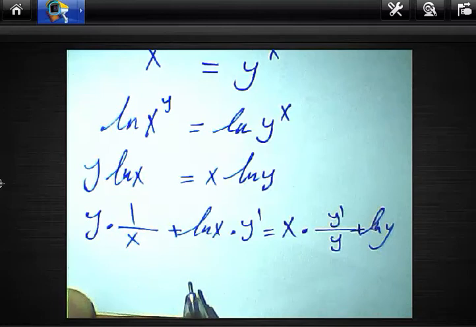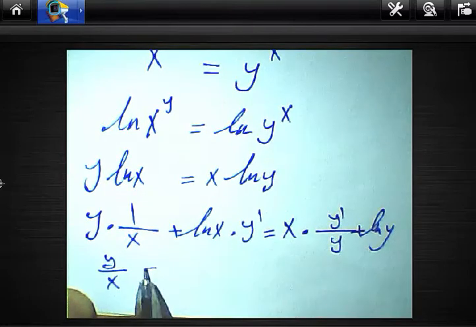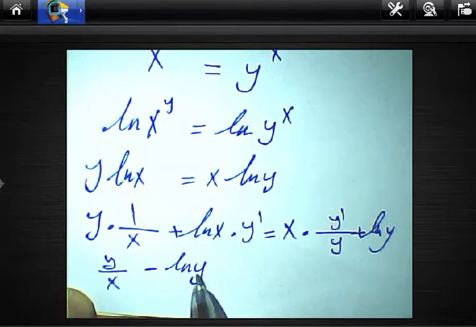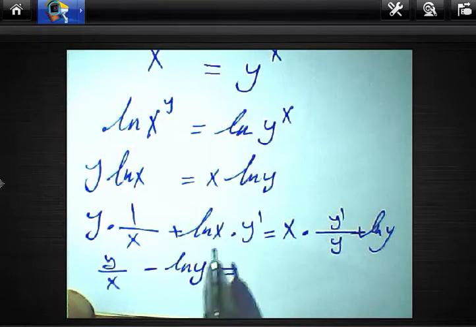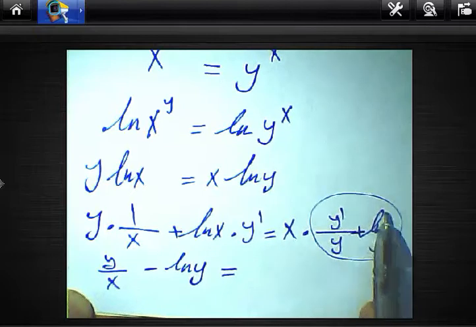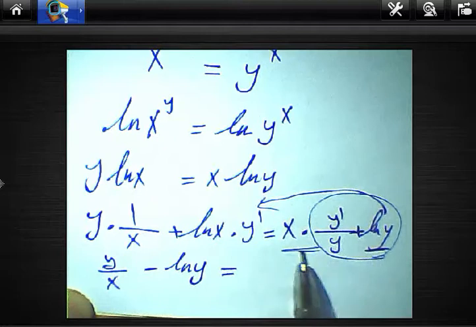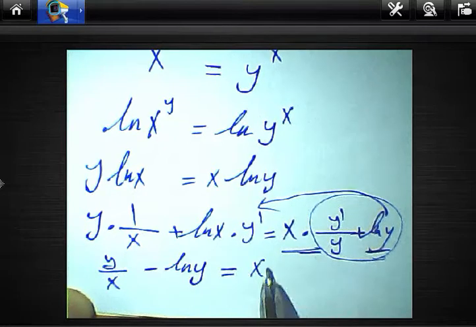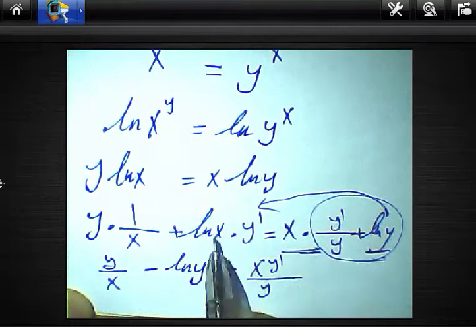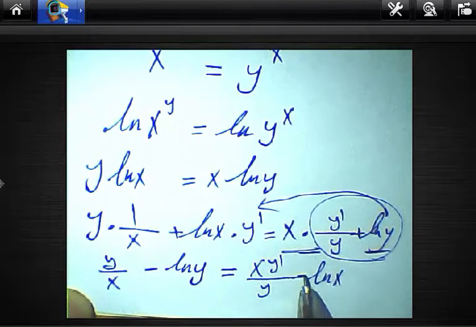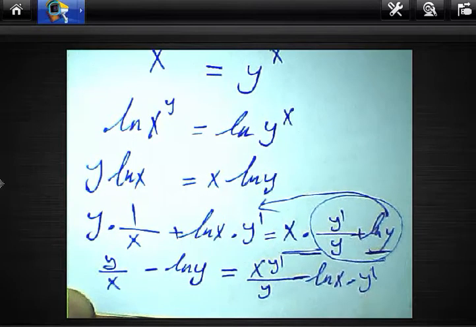I will write it here, y over x minus ln y equals, I removed this expression here, ln y, and this expression we will write here, x y dash over y minus ln x times y dash.